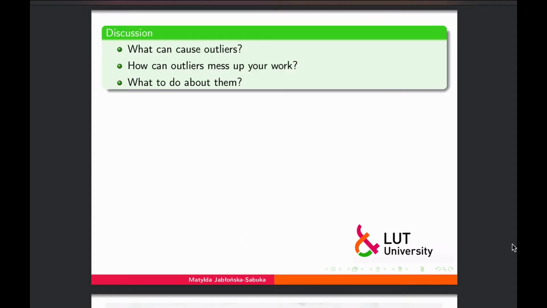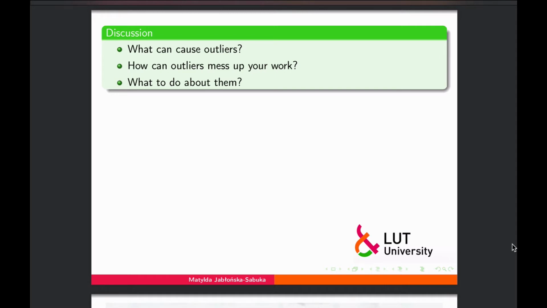Now, what could cause outliers? Well, if you have some electronic device measuring a phenomenon, then that device may malfunction and give some crazy reading just because something has happened. Maybe there are some specific conditions that affected how the device works.